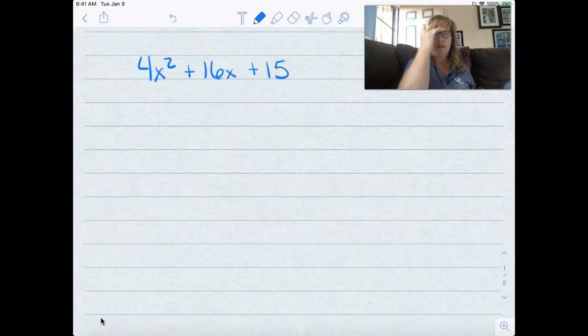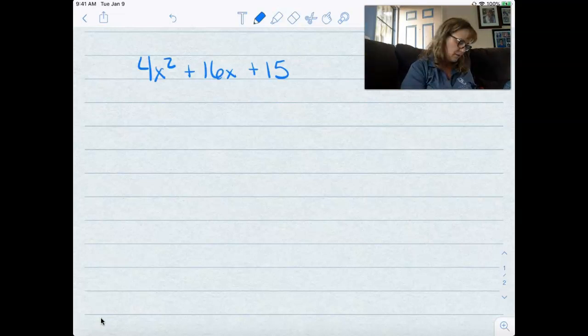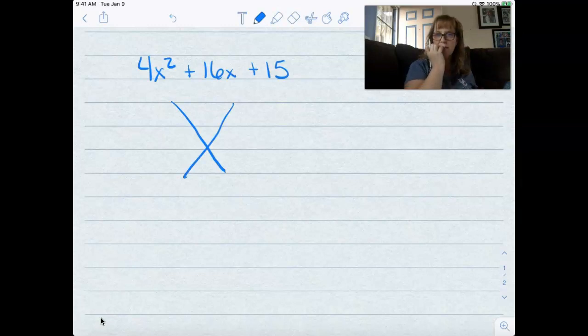Okay. So you're going to want to factor this using those circle problem skills first. The only difference is that in the past, we just said that you had to find 2 numbers that multiplied to give you this number.